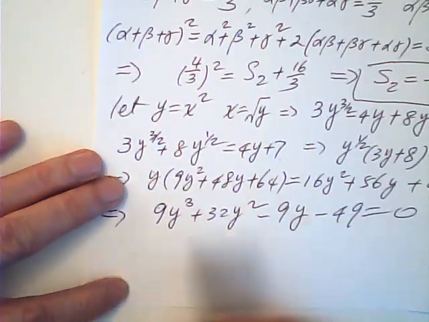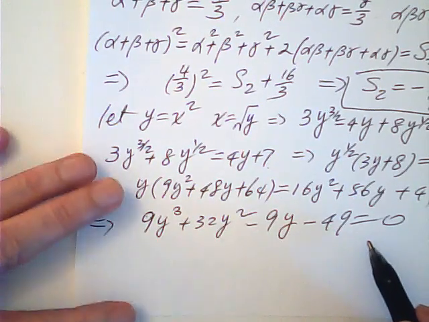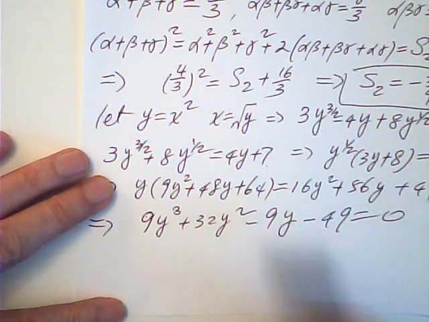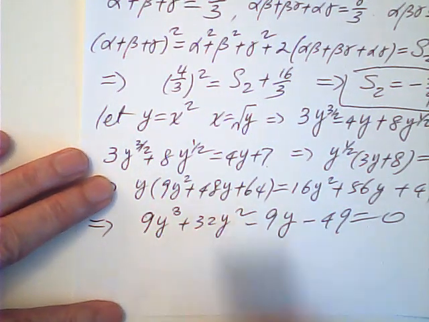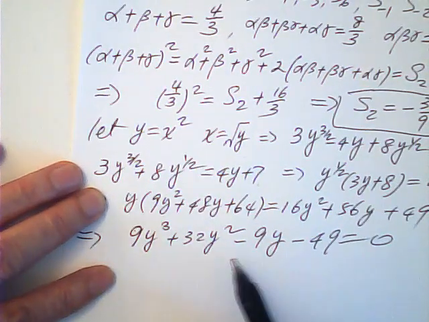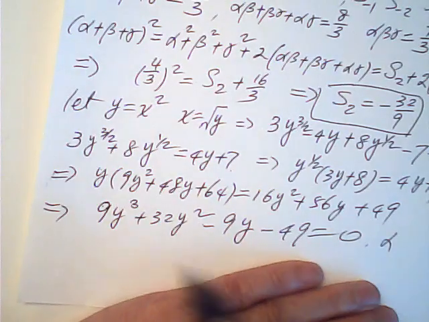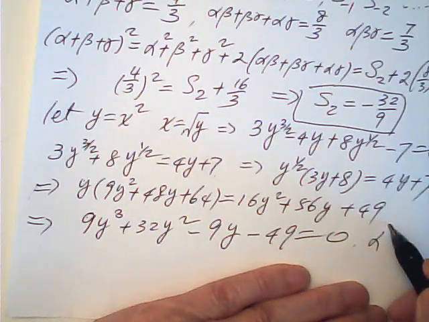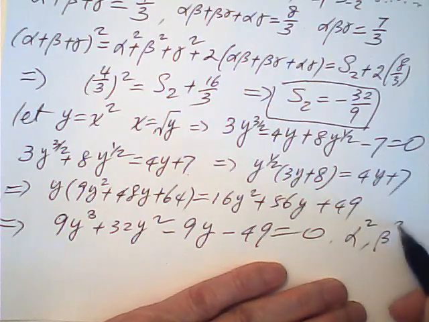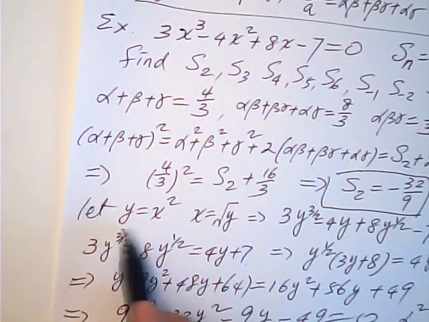From this, we know that this equation has 3 roots. These roots are alpha squared, beta squared, and gamma squared, right? So in other words, this equation has this root and that root. Why? Because y equals x squared.